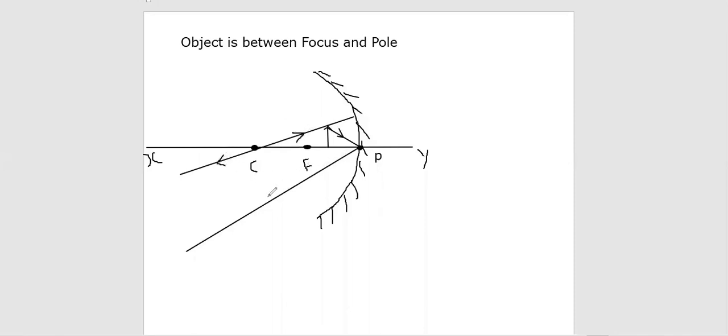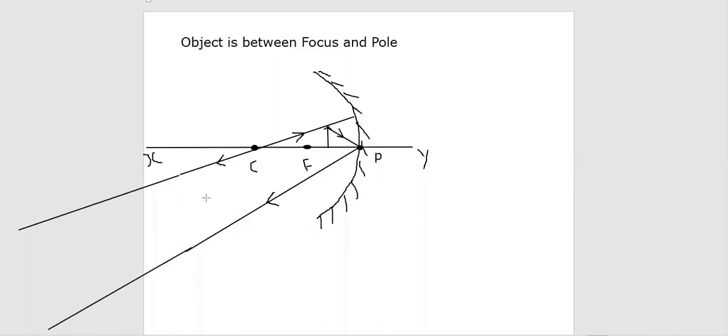Understood? So as you all can see, these two reflected rays which are there, they are spreading away from each other. If you want, I will extend these two lines. This ray is going this side and this ray is going this side.